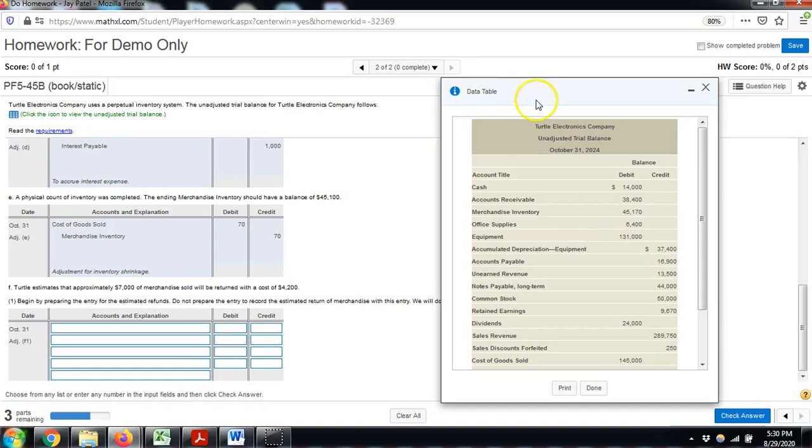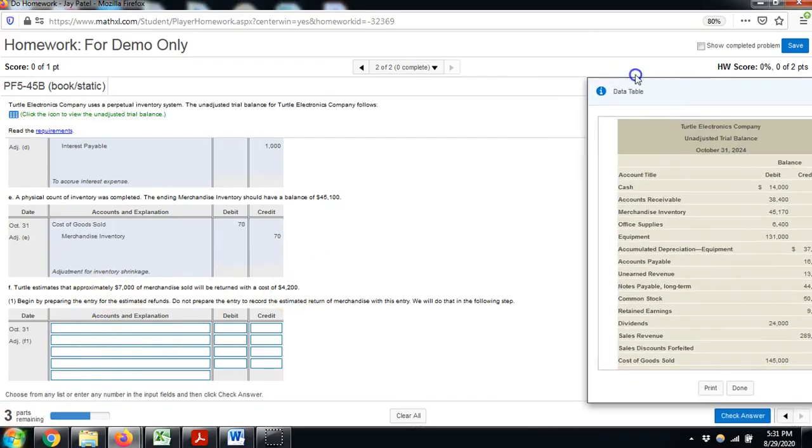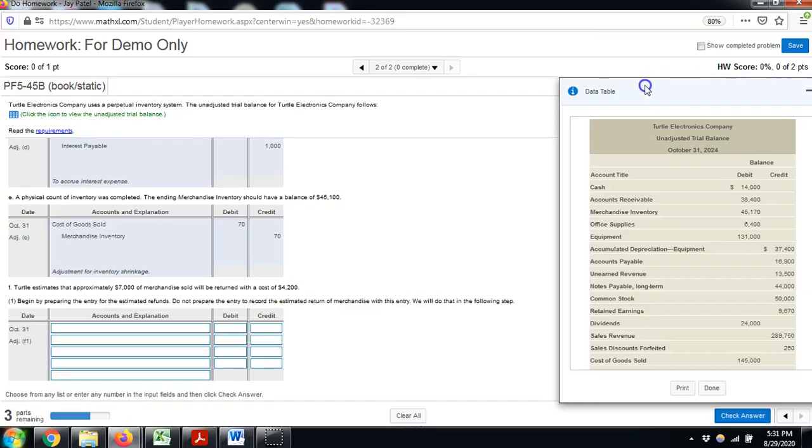And then finally, Turtle estimates that approximately $7,000 of merchandise sold will be returned with a cost of $4,200. So to basically set up the estimates for our returned items, we have to do two parts of this.